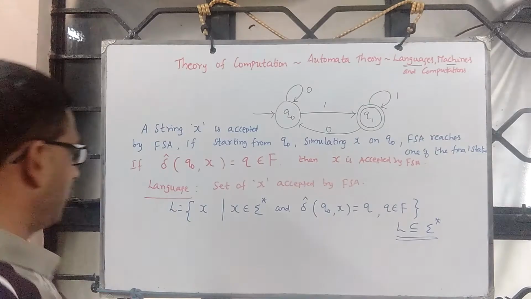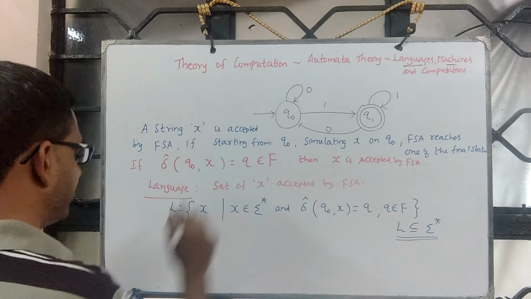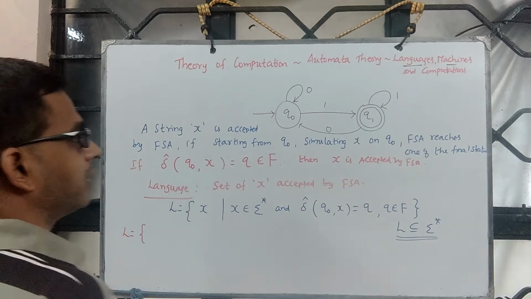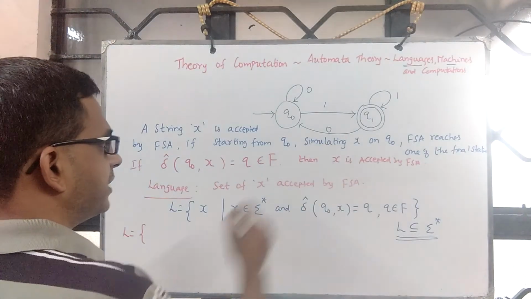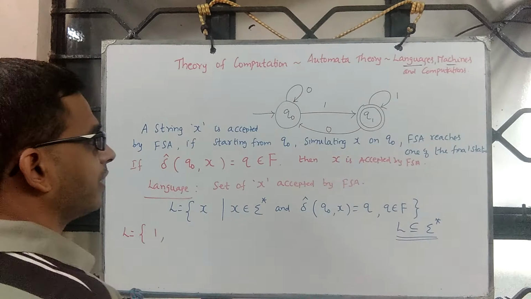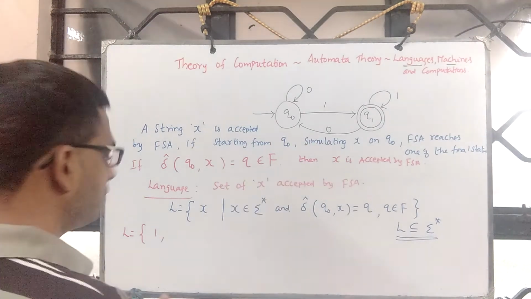Now for this machine, let's look at L. Will this machine accept 1? Yes. Will this machine accept just 0?